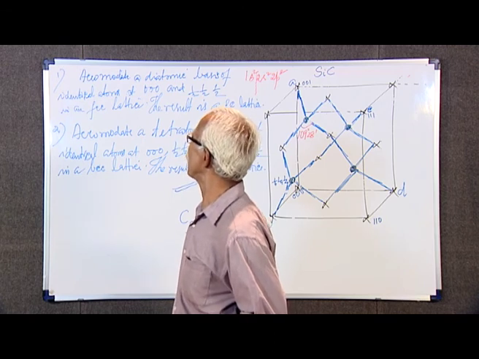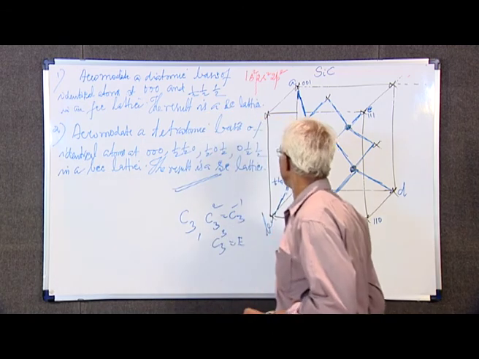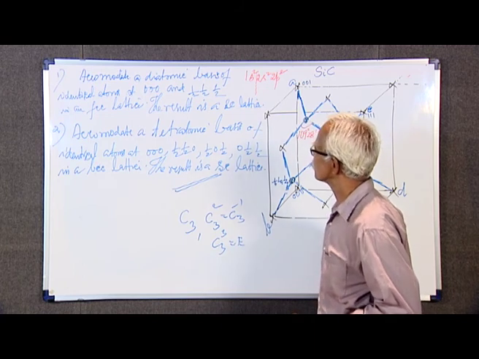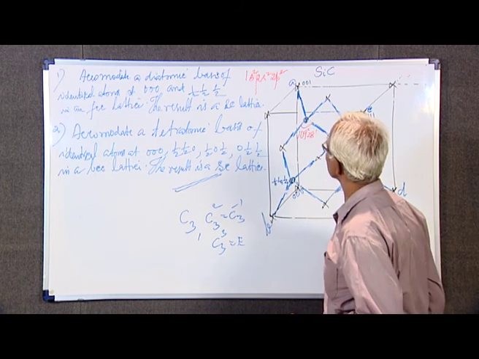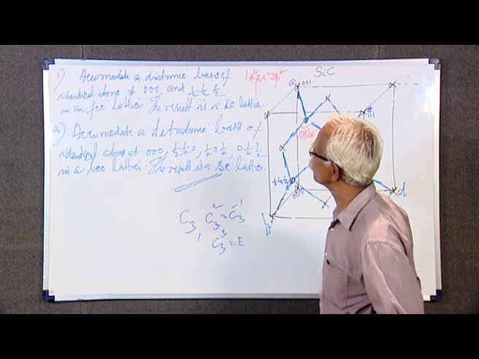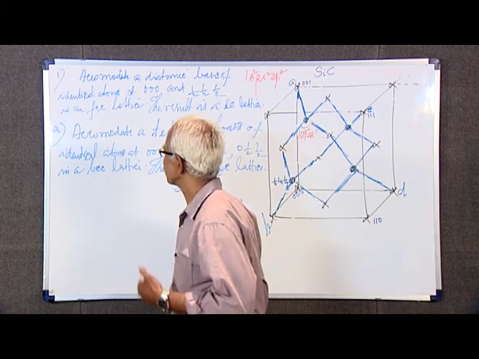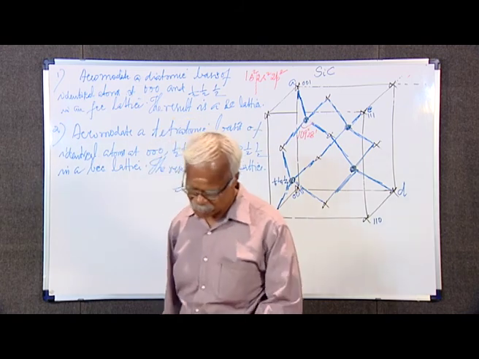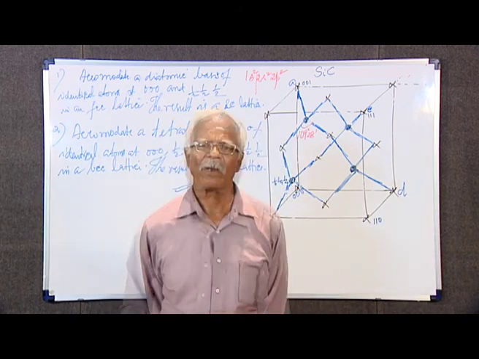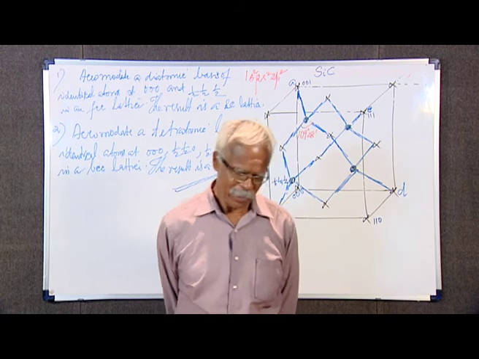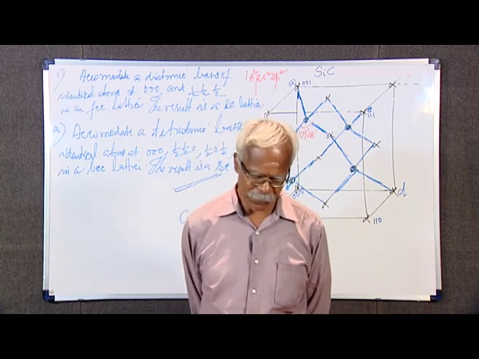I have taken up only the diamond structure and related structures. There are many other examples which are of interest in their own right, which I have not done here. Let me recapitulate what we have been doing.